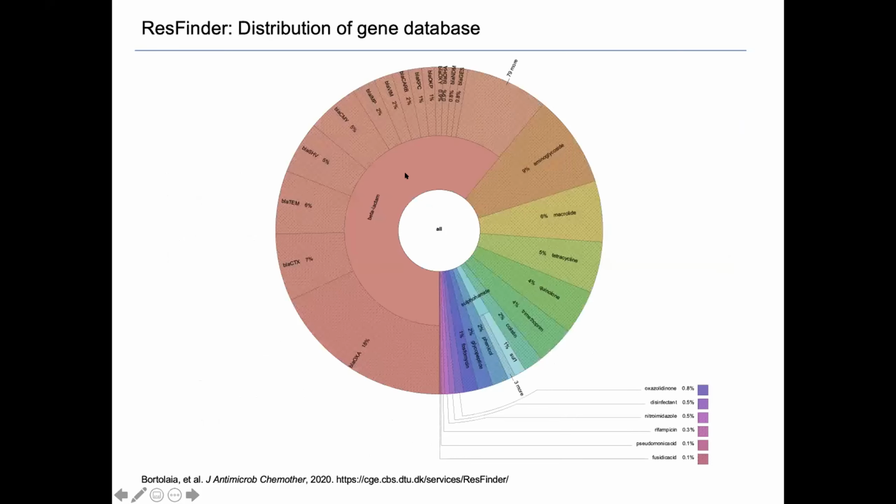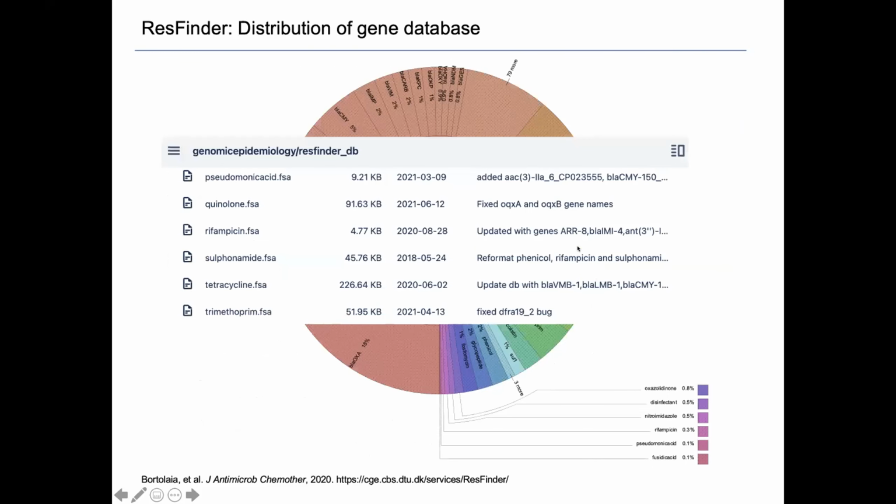And so this is the current distribution of their acquired resistance gene database categorized by drug class. We can see that a majority of the genes confer resistance to beta-lactams, aminoglycosides, and macrolides, and so on. The ResFinder database is divided into drug classes, and so this is particularly useful if you're interested in studying a particular phenotype.